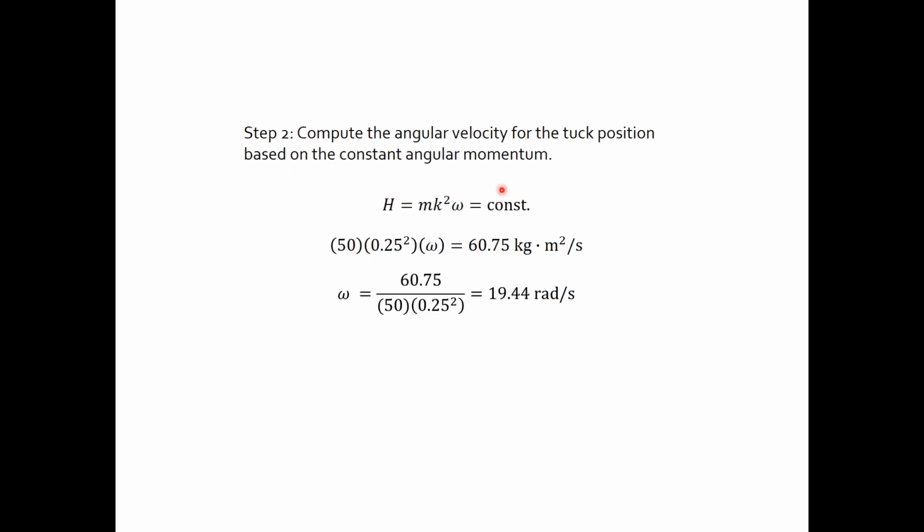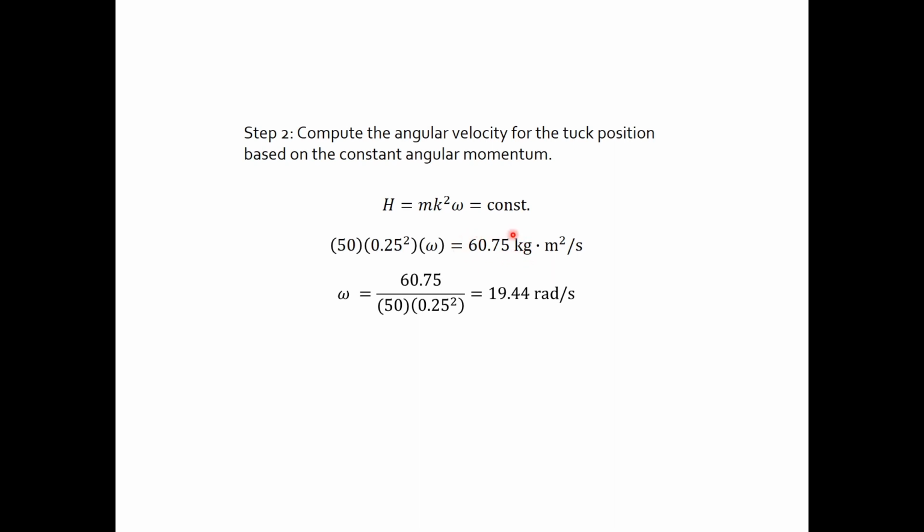And then step 2, compute angular velocity for the tuck position based on the constant angular momentum. Again, since she is in the air, angular momentum must remain the same. Okay, so again, we got this one from the previous step. And then her body mass, and her radius of gyration at the tuck position, 0.25 squared, times the angular velocity. This is the variable of interest that we want to calculate, equal to the angular momentum calculated from the previous step.